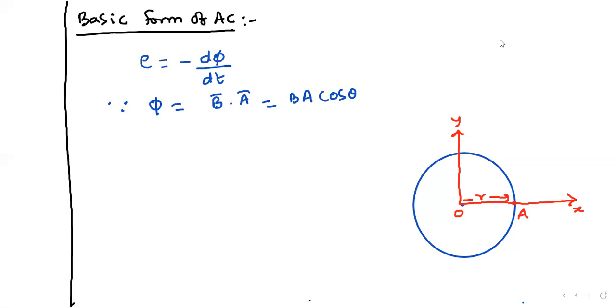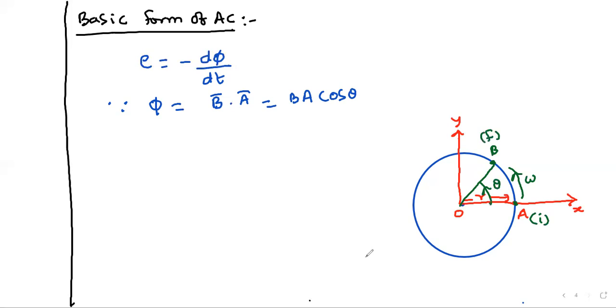Now, by applying a force, the particle moves to the point B with an angular velocity. That means the particle has an angular displacement theta. A is my initial position, B is my final position.